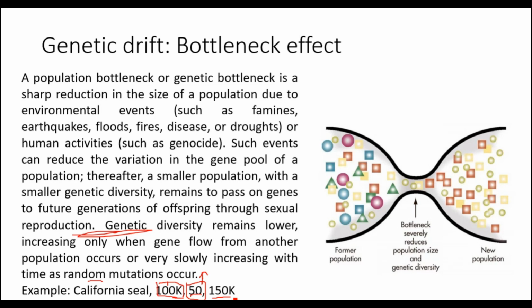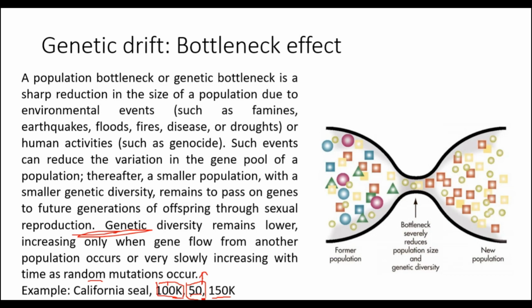So due to developmental events or developmental works, the population of the Californian seal reduced, and then after conservation, the population has now increased, but with very little genetic diversity.